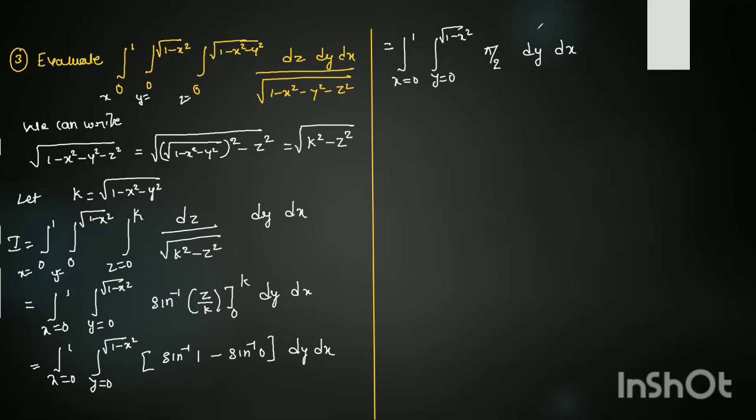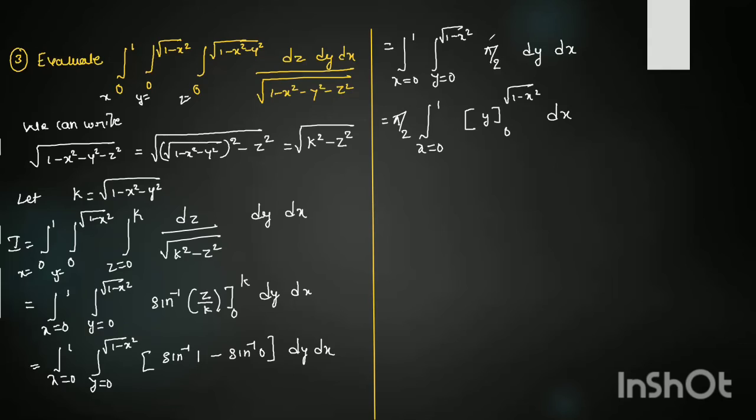Next, we have to integrate with respect to y, and you can see pi by 2 is a constant term. So I'll take this pi by 2 outside. Integration of x is equal to 0 to 1. Integration of dy is y, 0 to square root of 1 minus x square, dx.